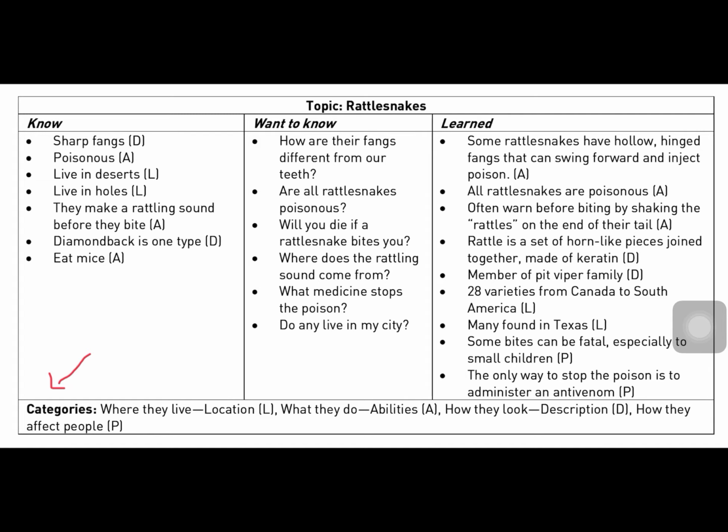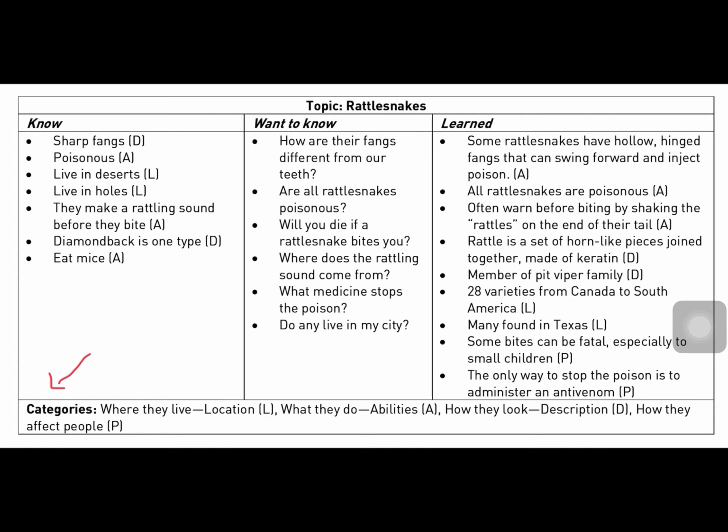Then you make questions about what you want to learn about rattlesnakes. You read, and then you write down things that you learned about rattlesnakes. And then again, you write a classification of the different characteristics about snakes.